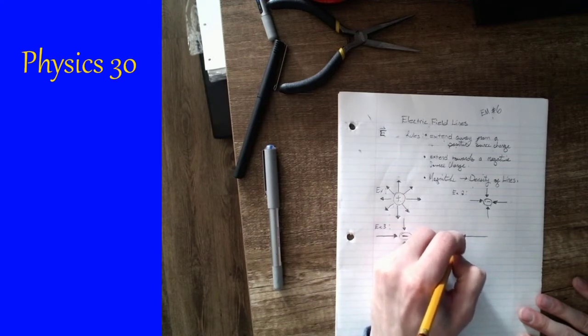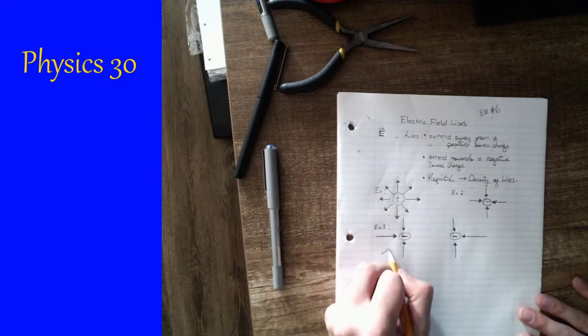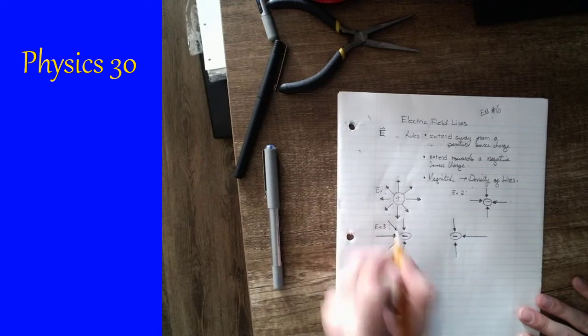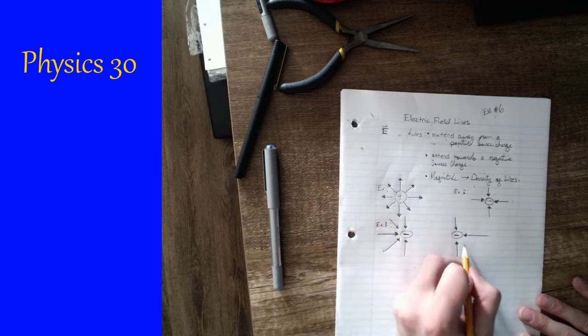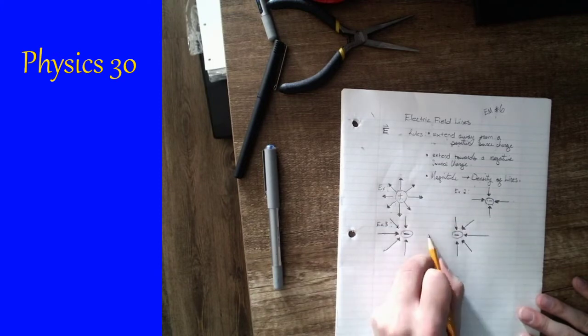For the most part, these regions are pretty easy to draw. Everything behaves fairly similar to an individual charge in this localized region, and same here. It's when you get into regions where both charges can influence that positive charge.